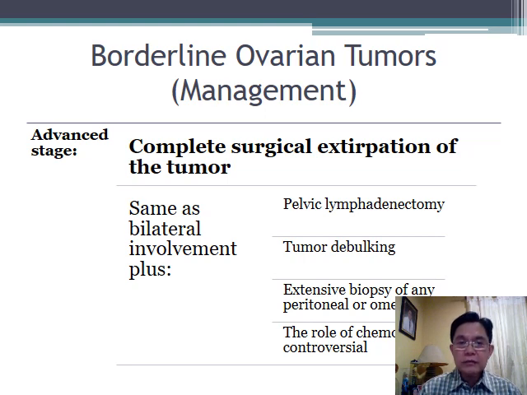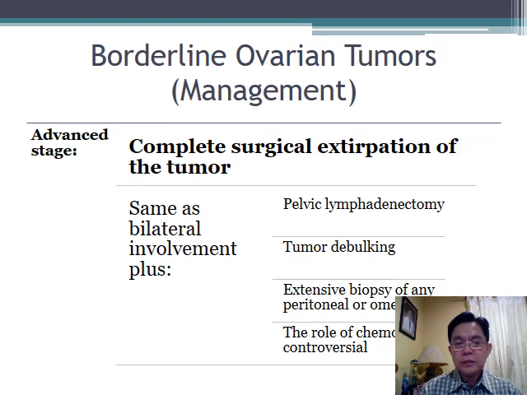So even if it is confined to an ovary, but the involvement includes both ovaries, then you still have to perform your total abdominal hysterectomy with bilateral salpingo-oophorectomy, followed by pelvic lymphadenectomy, tumor debulking, and then extensive sampling of the peritoneum or the omentum so that you can properly stage the disease later on after your surgical intervention.